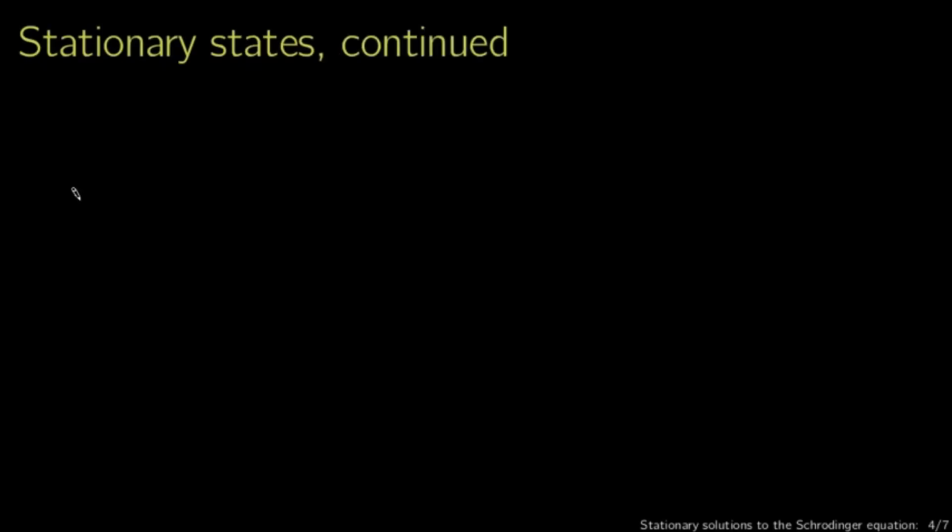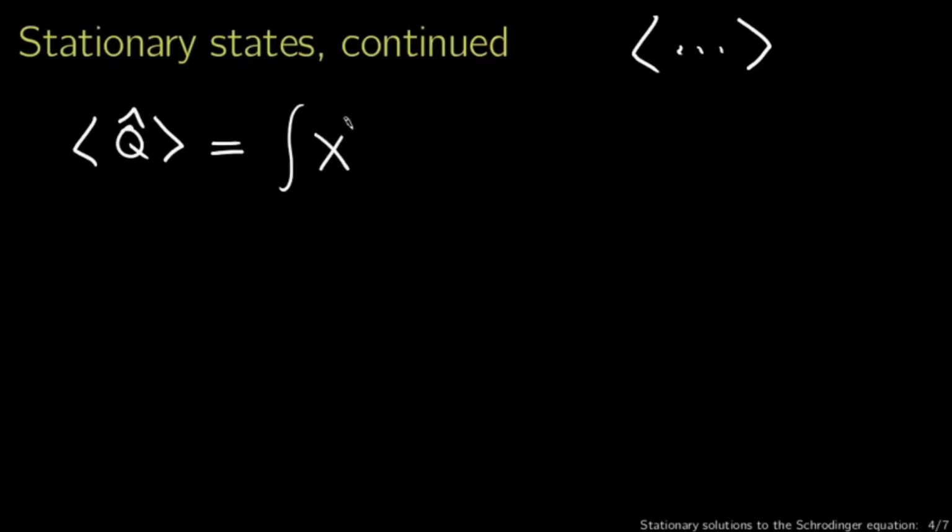Another interpretation of these things as stationary states comes from considering expectation values. Suppose I want to calculate the expectation value of some generic operator, capital Q. The expression for the expectation of an operator is an integral of the wave function times the operator acting on the wave function. So complex conjugate wave function, operator, wave function. Now I'm going to go straight to the wave function as expressed in terms of x and t parts.